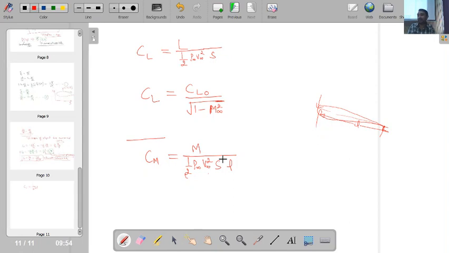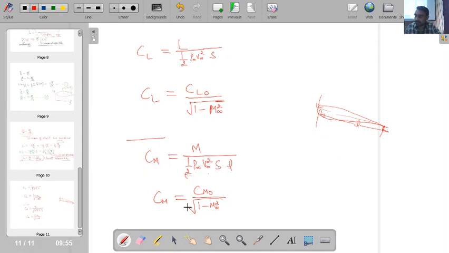Similarly I can write Cm is equal to Cm naught divided by the square root of 1 minus M infinity square, because you see the denominator remains the same in all cases. The pressure distribution remains the same. Is this point clear?